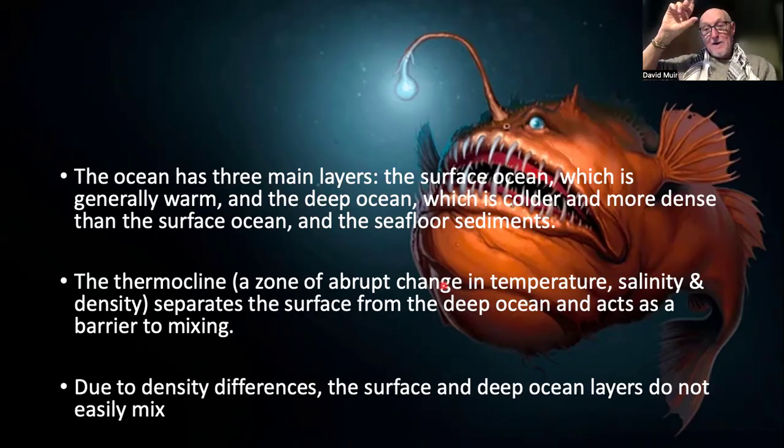We go through that warm, brightly lit surface layer. We hit the thermocline, and suddenly the temperature drops, the density increases, and the salinity increases. And that creates a barrier. It is quite a profound barrier between the surface and the deep layers, and mixing between the two seldom occurs.